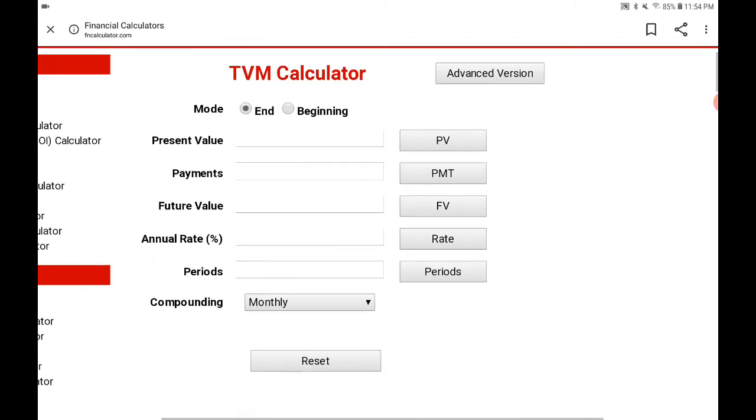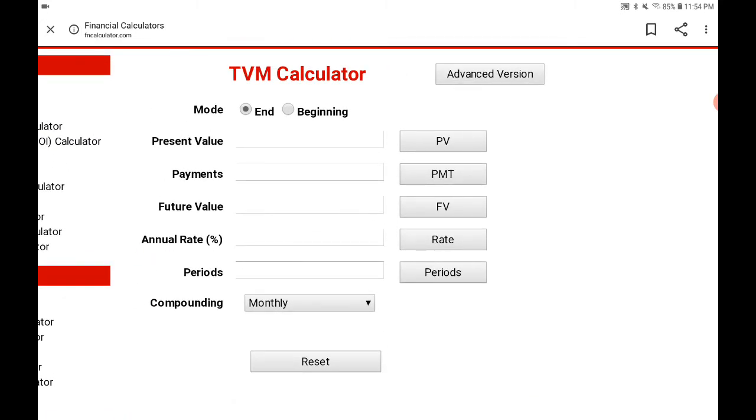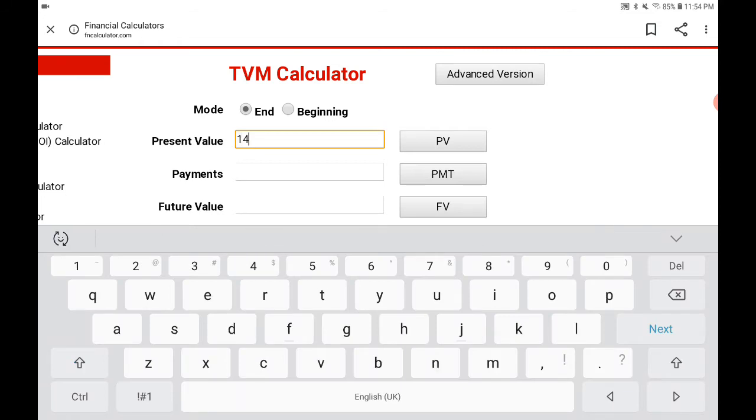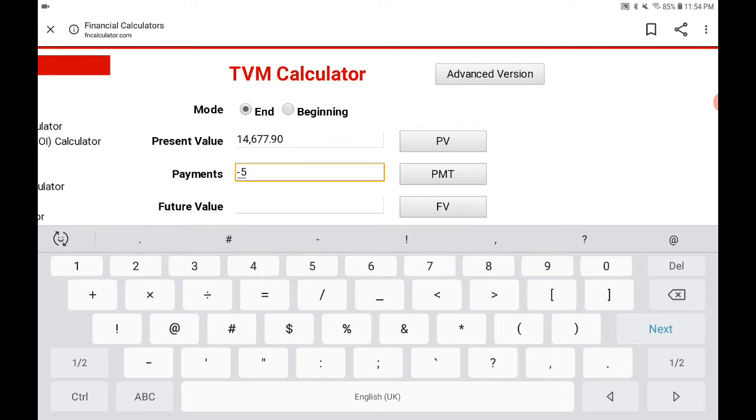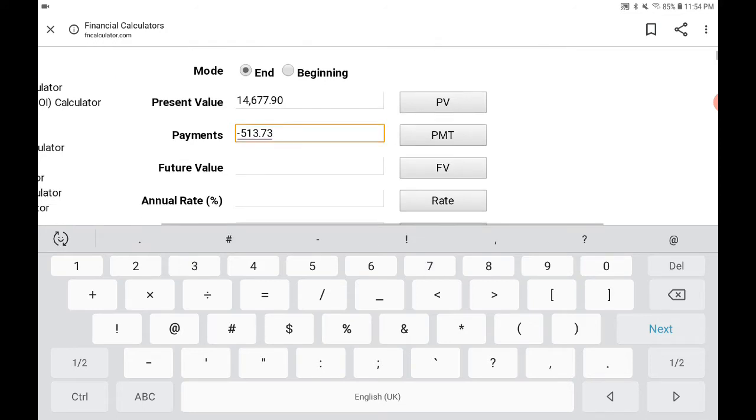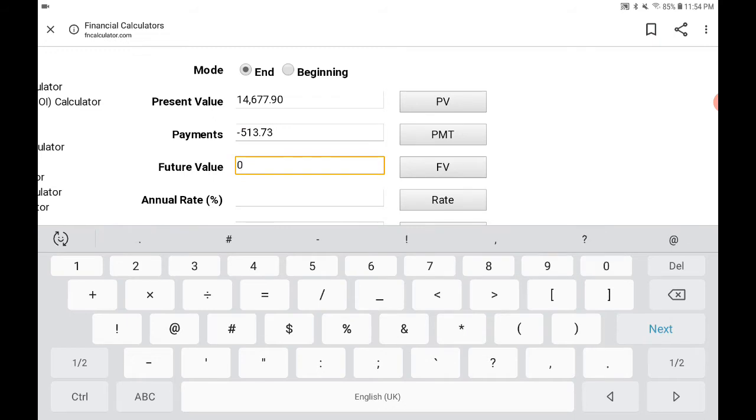Our present value is $14,677.90. Our payment, put a negative in there: negative 513 and 73 cents.